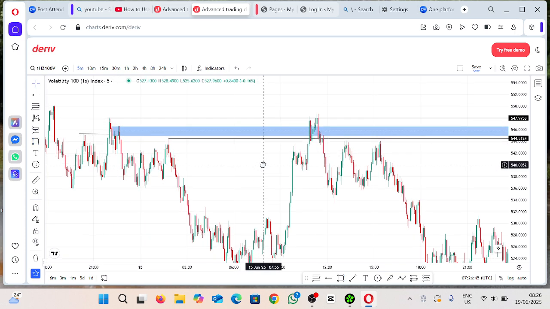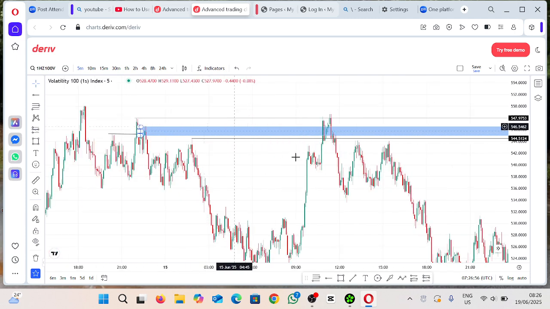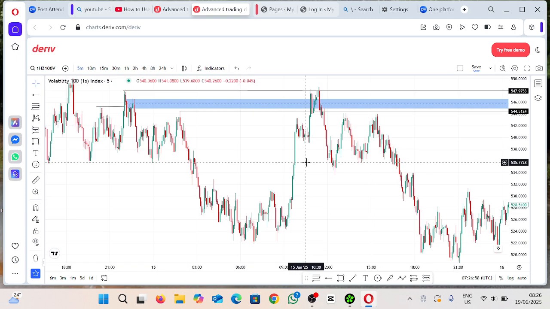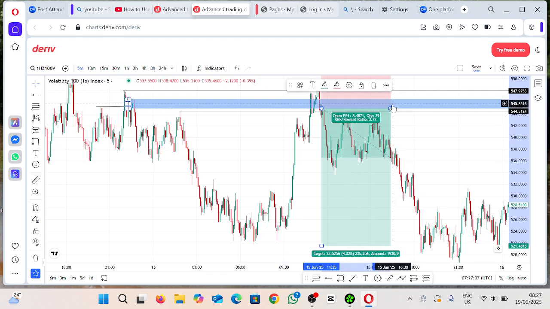And what did price do? Price came into this zone and gave you your confirmation candle. This right here is your confirmation candle for the sell. Okay, and what happened? This is the target, and price smashes this target. Easy peasy.